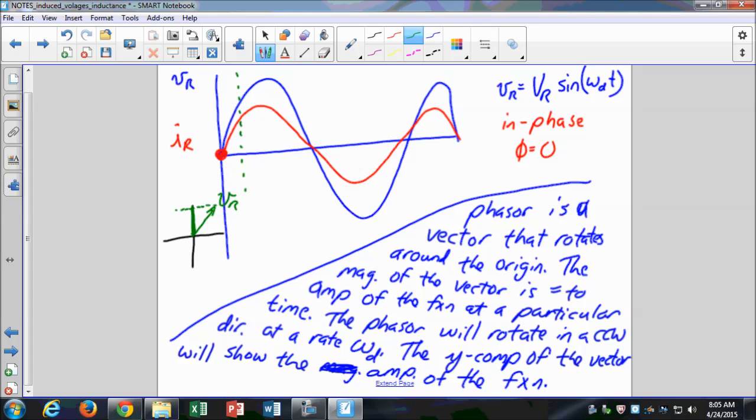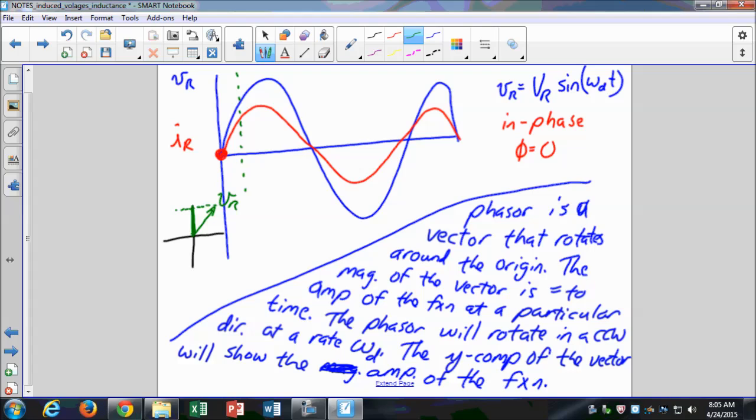Now, what if I pick this point? Where am I going to draw my phasor on this diagram to represent this point in time? And remember, these phasors rotate around this axis. They constantly go around this axis as I proceed in time for this function.